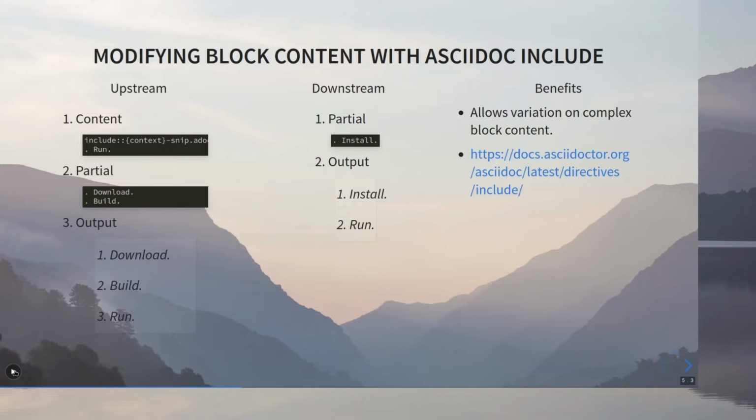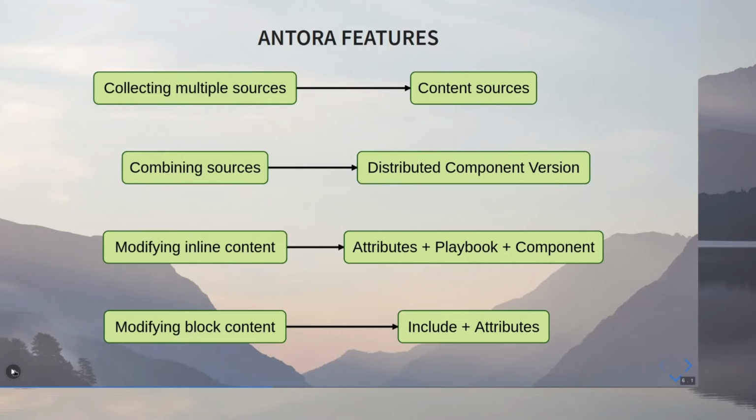These two features, Antora is using them, but it's adding a lot more, really a lot more. The two last ones are just what we saw from AsciiDoc. So you can use attributes, you can use includes to modify inline content and block content. Yes, that's what we want.